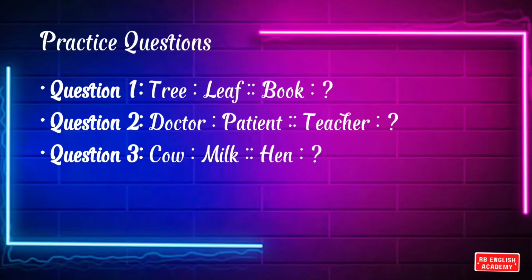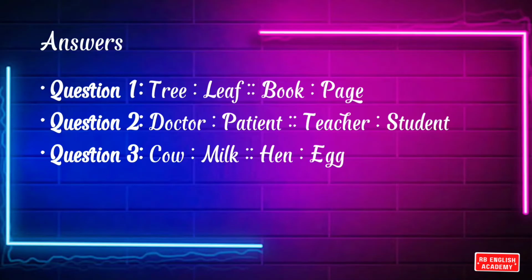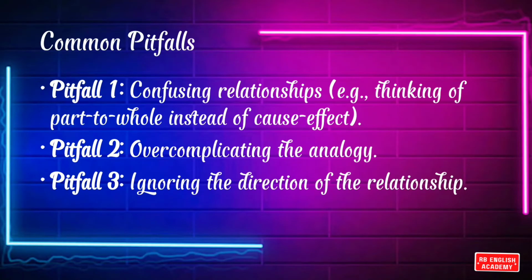Question number 3, cow, milk, hen. And here I have given you the answers for the questions. Tree, leaf, book, page. Doctor, patient, teacher, student. Cow, milk, hen, egg.